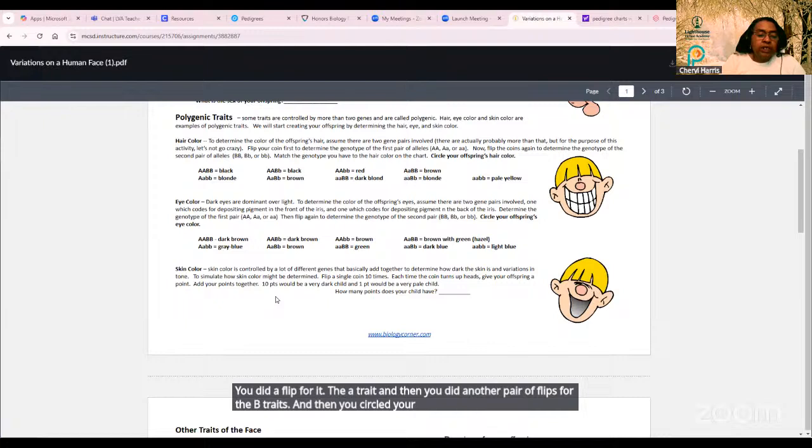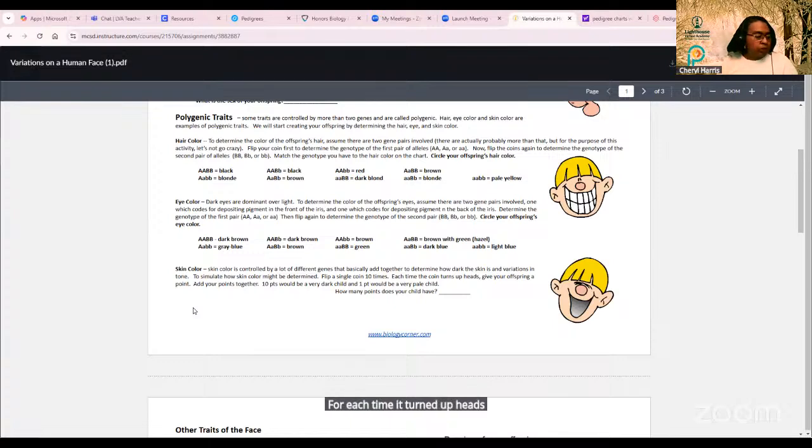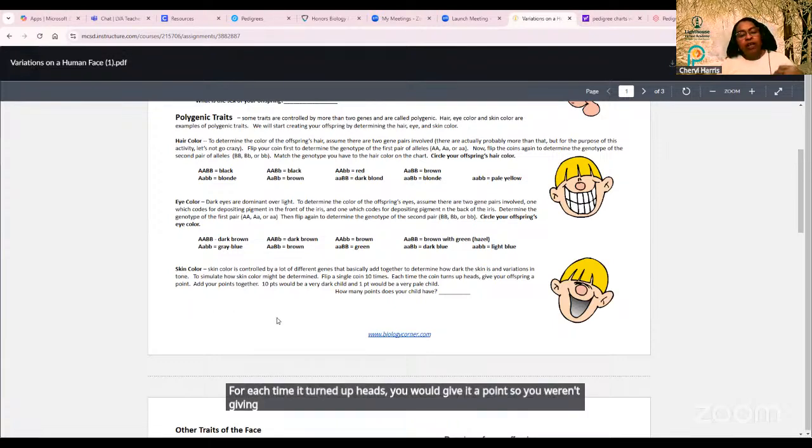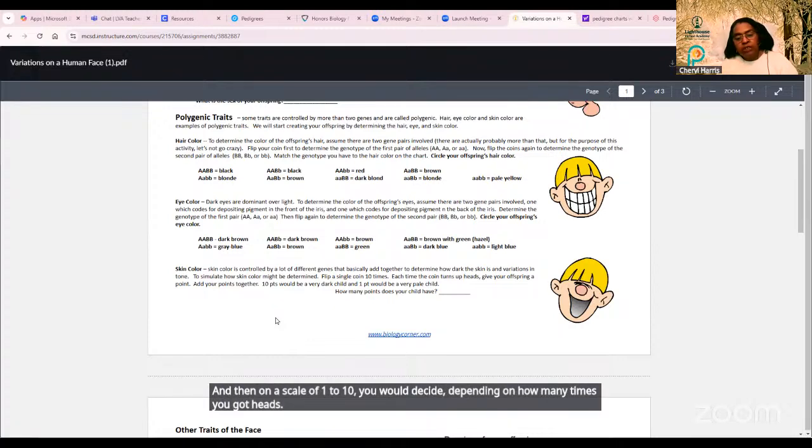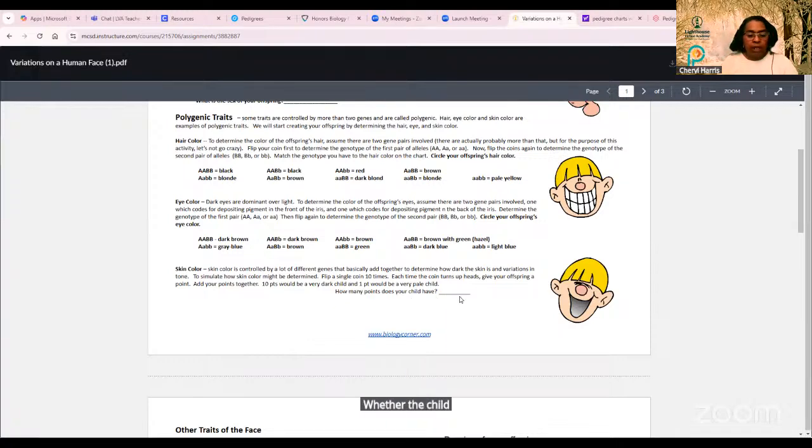Skin color, again, you were supposed to flip one coin 10 times, and for each time it turned up heads, you would give it a point. You weren't giving any points for tails. Then on a scale of 1 to 10, depending on how many times you got heads, you would decide whether the child was a dark-skinned child or a light-skinned child.